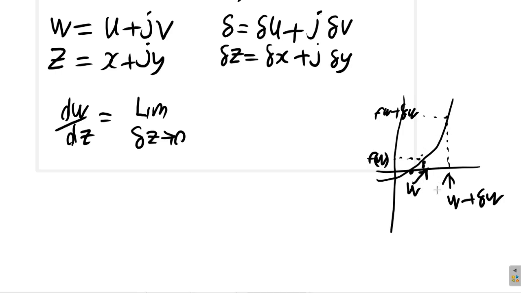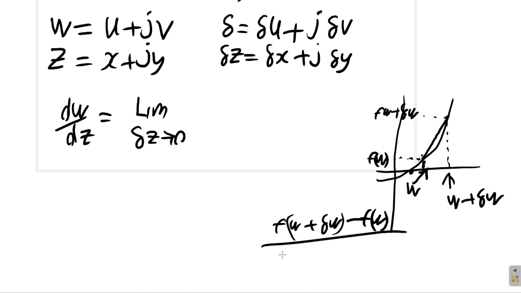And the gradient of this chord would be the rise, that means f of W plus change in W minus f of W, over the run, that means W plus change in W minus W. You see that? Alright.